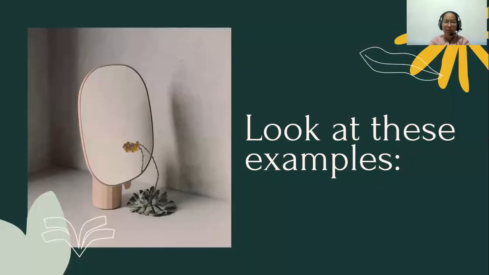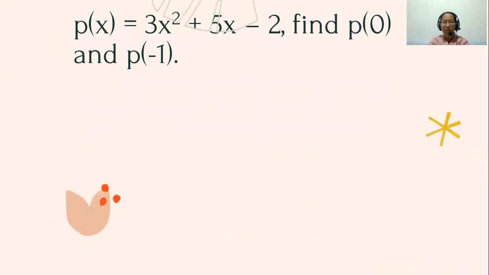Take a look at these examples. P of x is equal to 3x squared plus 5x minus 2. Find the value of the function given that x is equal to 0 and x is equal to negative 1. So we need to find the value of the function for p of 0 and p of negative 1.